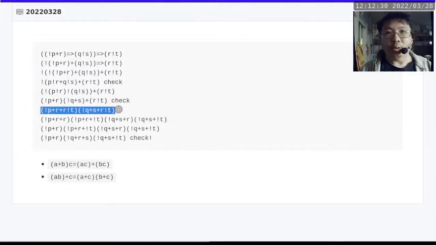So I think that probably is the most tricky part of Boolean algebra: there are certain things you can do with Boolean algebra that you cannot do with normal algebra.